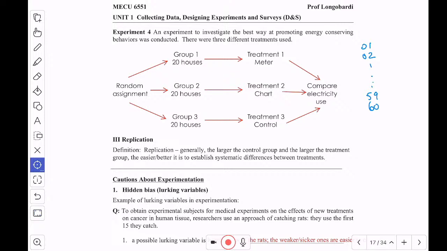And to make it more double blind. And then at the end of the study, when it's final, the energy consumption will be compared between the groups. So this is an example of a completely randomized experiment with human subjects with a control group. Any questions?